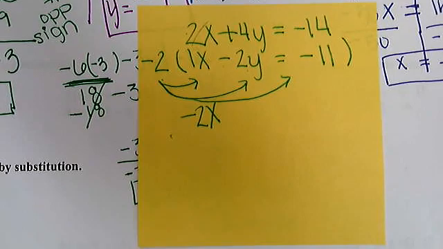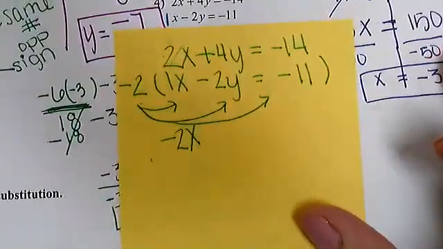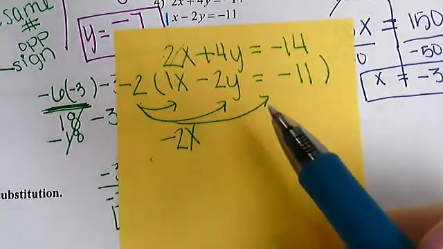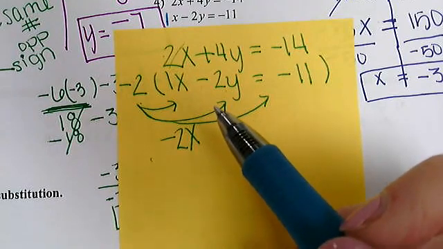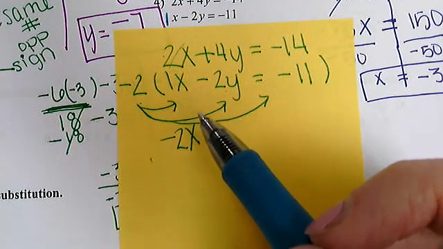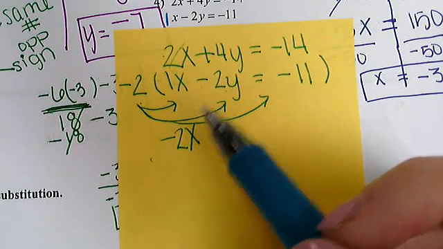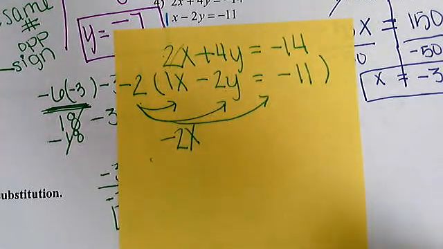Ooh, yeah, you always got to be careful with that one. Alrighty. Did that help, Ariante? Same number, opposite sign is what you're going for. So you have to ask yourself, what do I need to multiply that bottom one by in order to get the same number but opposite?